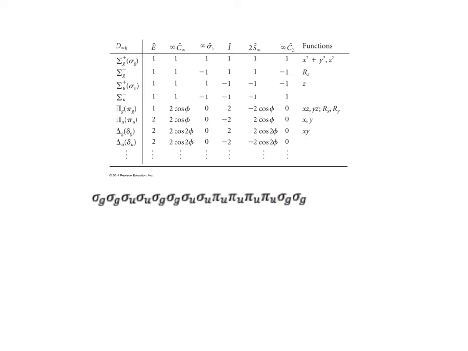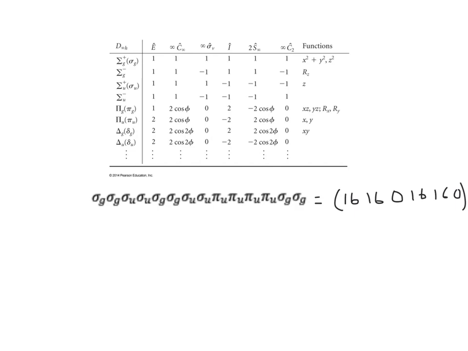And so our reducible representation for this is going to have characters of 16, 16, 0, 16, 16, and 0. If we decompose this representation, we can see that there are an infinite number of characters in the group.